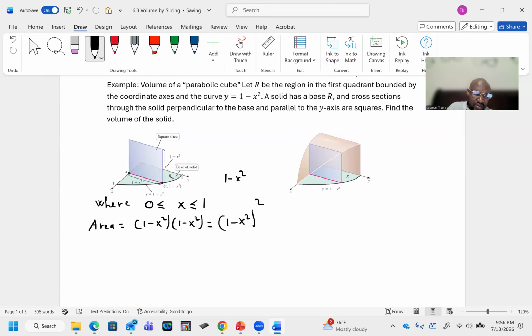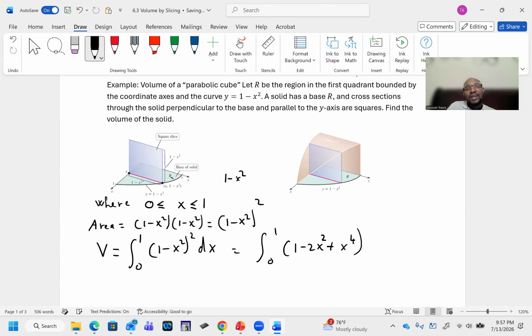So in that case, to find the volume will be the integral from 0 to 1 of (1 minus x squared) squared dx, which will be the integral from 0 to 1 of 1 minus 2x squared plus x to the power of 4 dx.